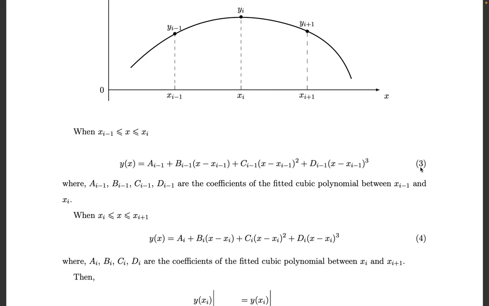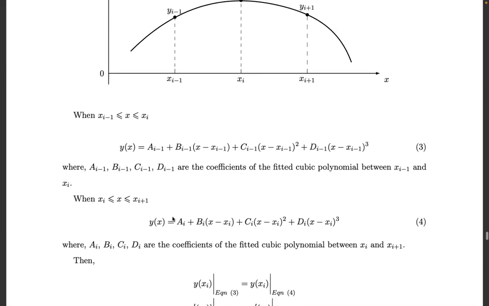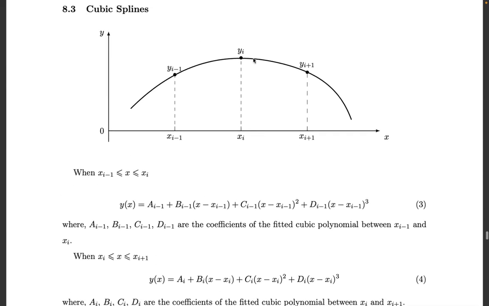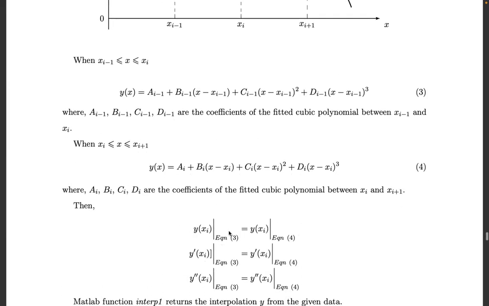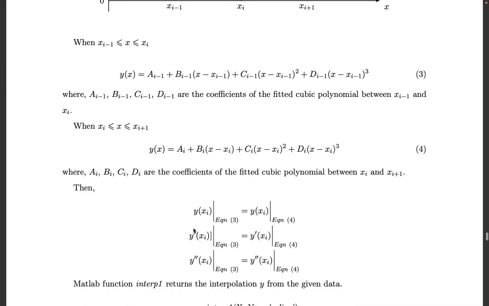For equation 3 and equation 4, we need continuity at this point x_i, and also continuity of the first order derivative and second order derivative. So we can get these three equations.